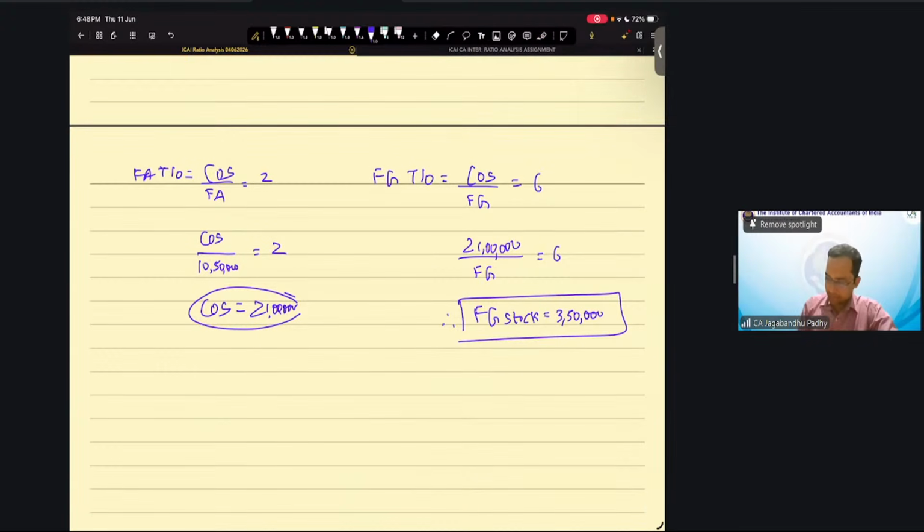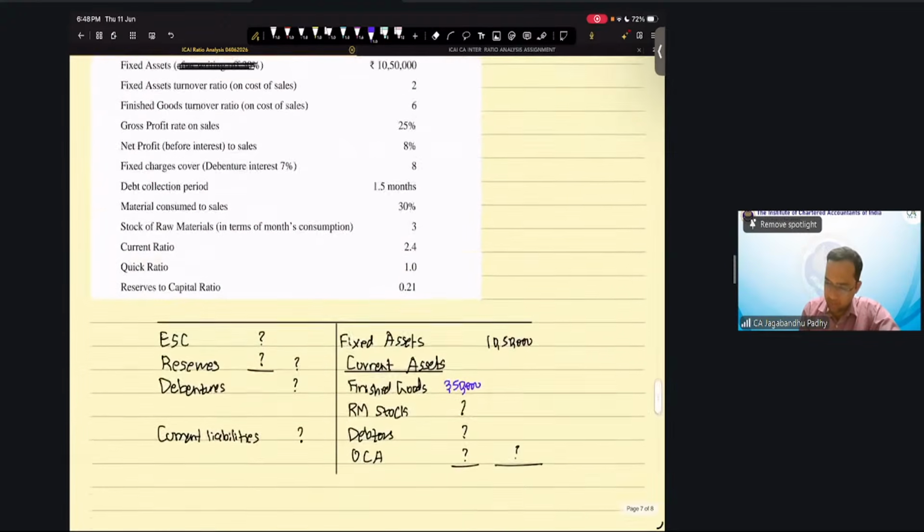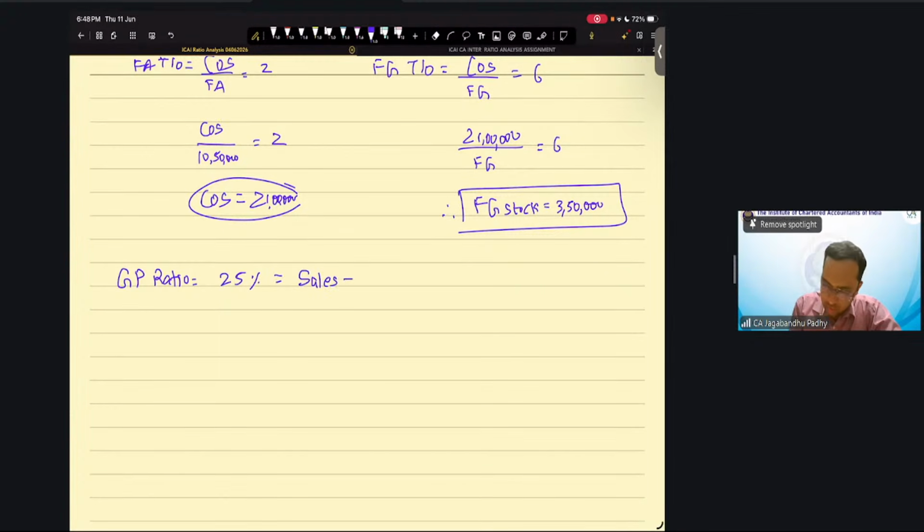Now in this case, the gross profit ratio is given as 25%. This gross profit is simply computed as gross profit upon sales into 100, where gross profit is sales minus cost of sales.